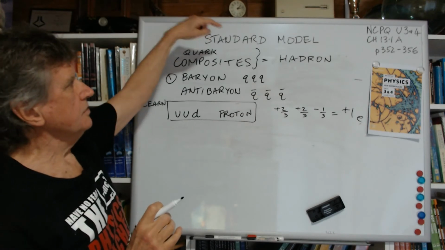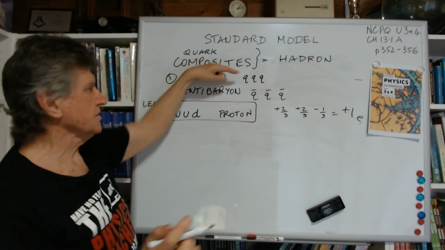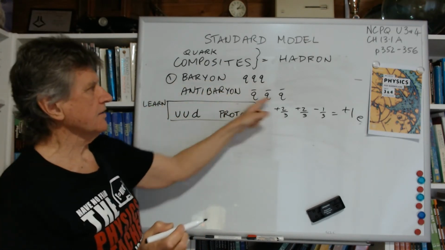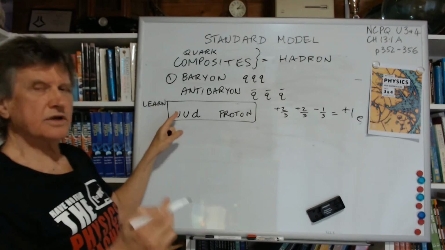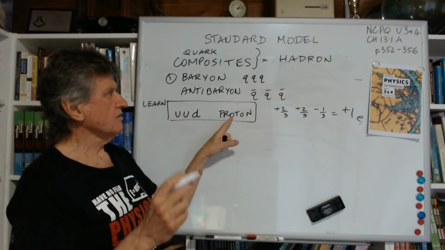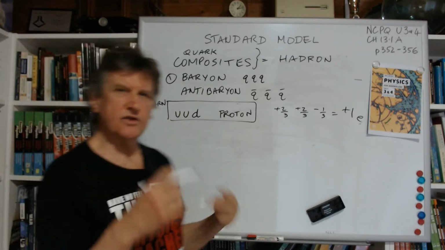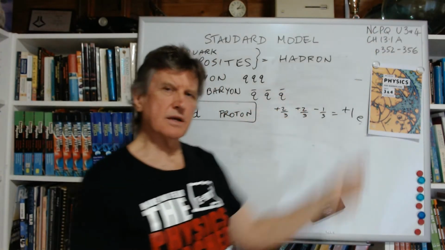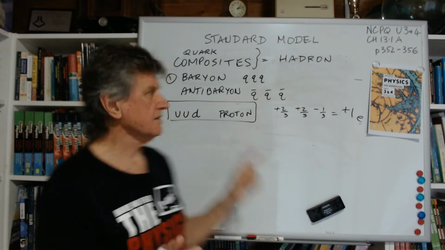So you have to know what quark composites are, the 2 types, and be able to define each type. I'm defining the baryon as 3 quarks, or antibaryon as 3 antiquarks. But you should learn the quark composition of the baryon called a proton as up, up, down. You'll need that later in chapter 14 when we talk about particle interactions. You have to be able to show the quark composition of a proton.